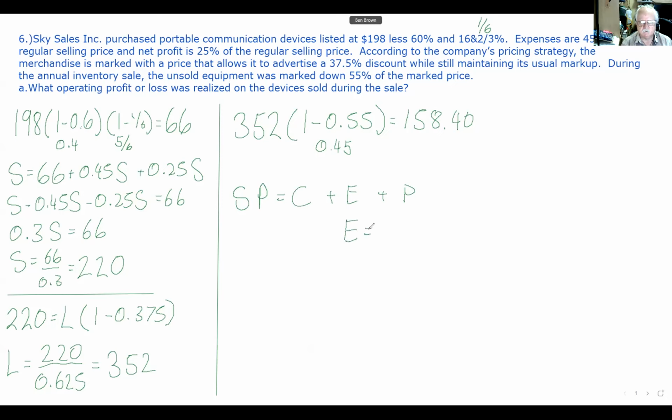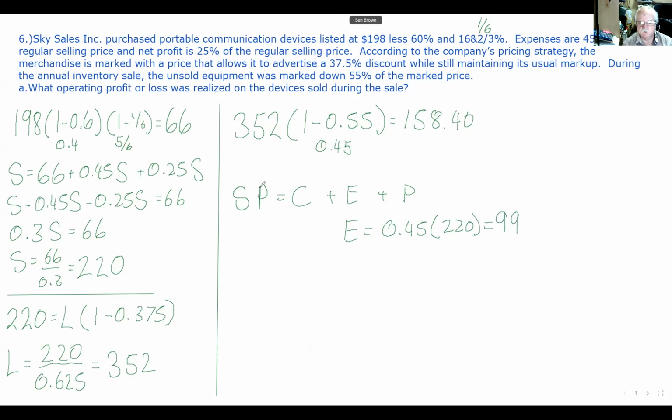So E equals, what did they tell us? Expenses are 45%, 0.45 of the regular selling price, which was the $220. So let's see what that was. Looks like $99.